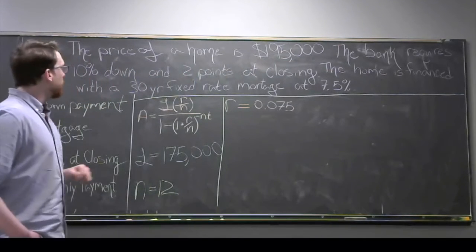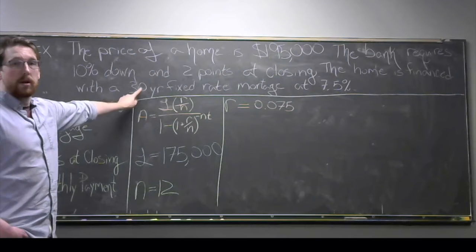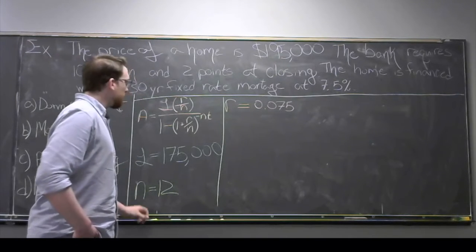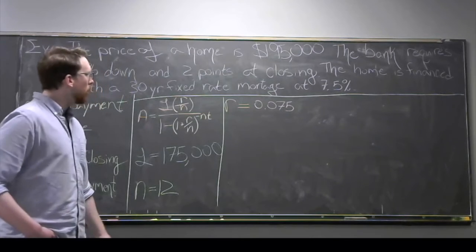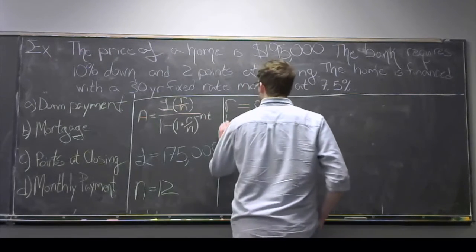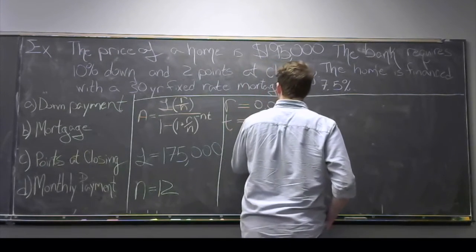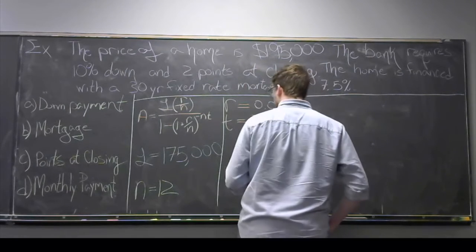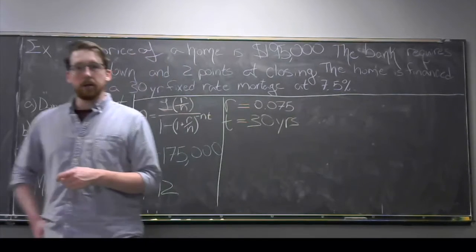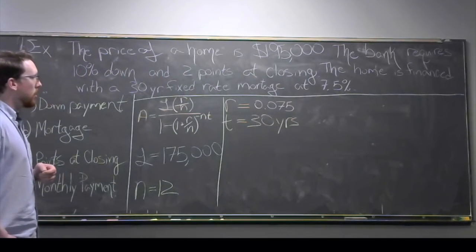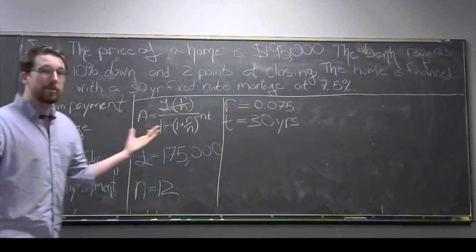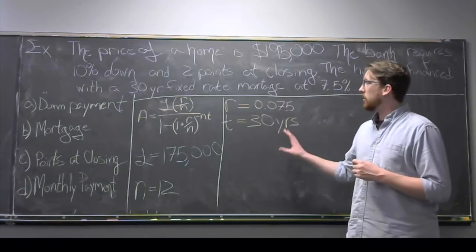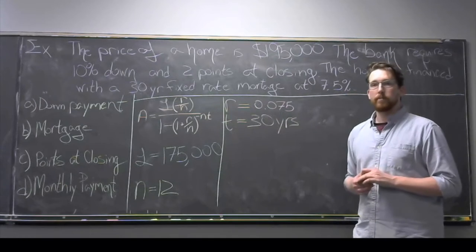And finally, it's over a 30-year period, so T is going to equal 30 years. Now it's just a matter of putting it all together. We just have to take these numbers and throw them into that equation.